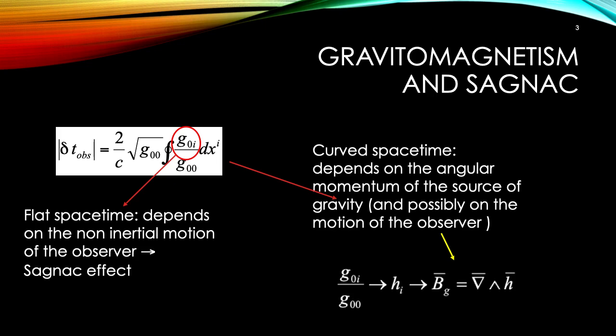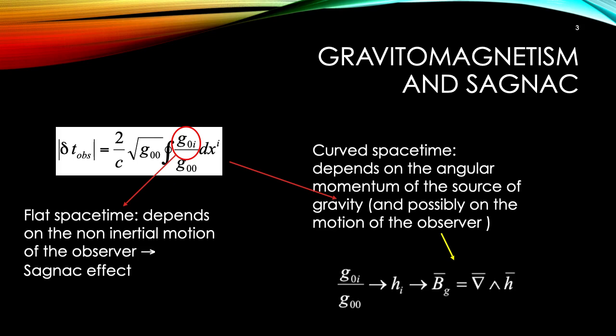If we are in flat space-time, the result can be different from zero whenever the observer is with its reference frame moving on non-inertial motion. And this effect can be eliminated choosing appropriate coordinates or a different kind of observer.